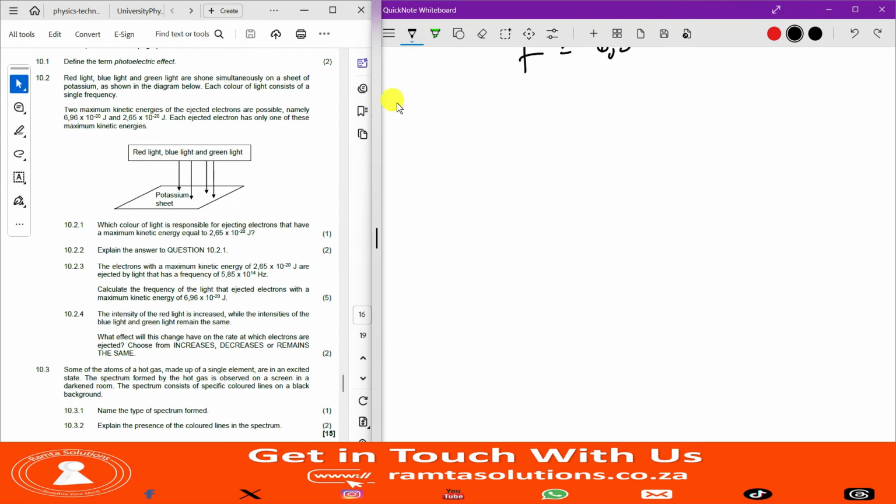Proceeding to 10.2.4. The intensity of the red light is increased, while the intensities of the blue light and the green light remain the same. What effect will this change have on the rate at which electrons are emitted? So guys, here we are talking of increasing intensity and the number of photons, and we are increasing the intensity of the red light.